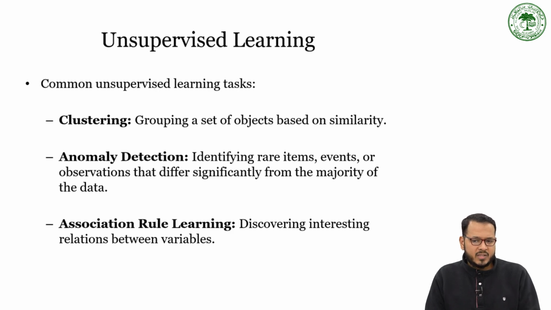Now, apart from these three unsupervised learning tasks, there are other tasks as well, such as dimensionality reduction. The dimensionality reduction task reduces the number of features or variables in a data set while preserving important information. So, techniques like principal component analysis, PCA, t-SNE, and others fall in this category of dimensionality reduction.